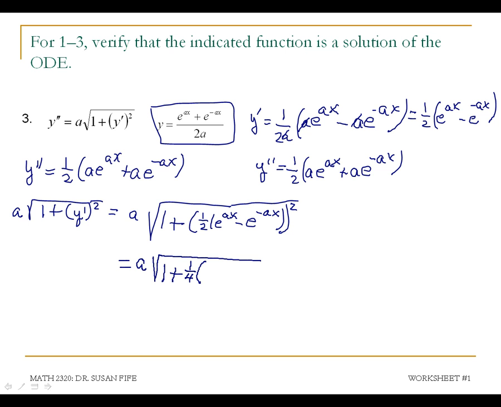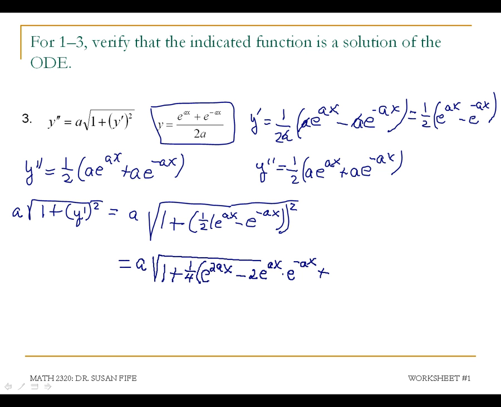And then squaring e to the ax minus e to the negative ax, we get e to the ax squared, which gives you e to the 2ax, minus 2 times the product of these two, e to the ax times e to the negative ax, and then plus this second term squared.